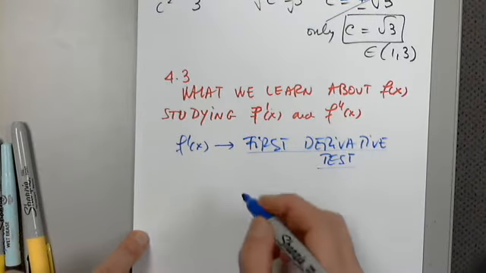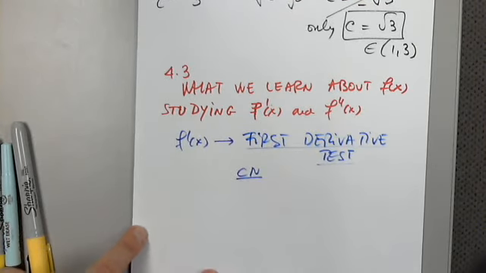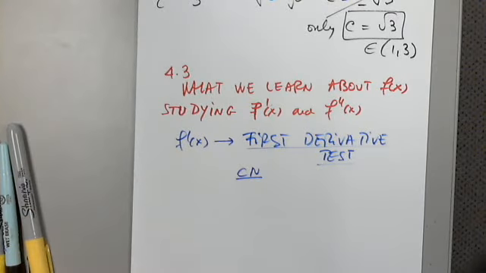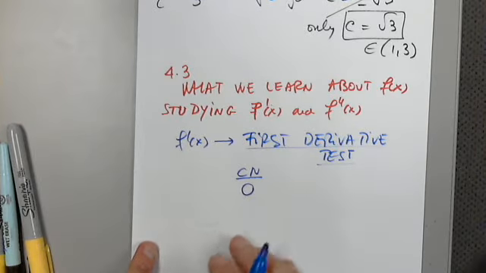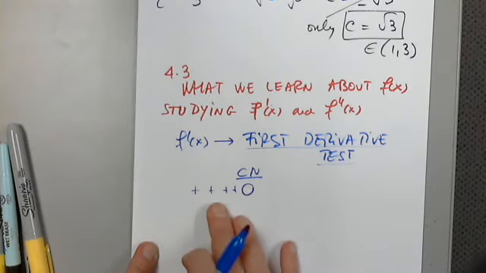It says this: if we find that the function has a critical number, determined by taking the first derivative and setting it equal to 0, or finding x values for which f prime is undefined. Now let's say we find one where the first derivative is 0, and the left-hand side is a positive sign of the first derivative.